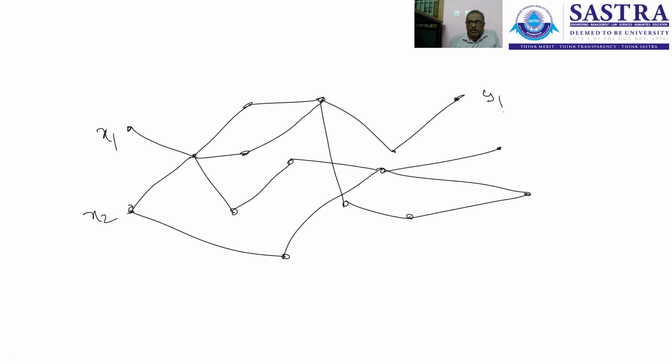Here I will have y1, y2, y3. Here I will have v1, v2, v3, v4, v5, v6, v7, v8, v9, v10, v11.